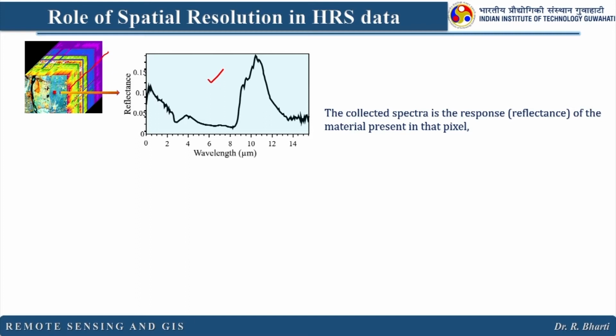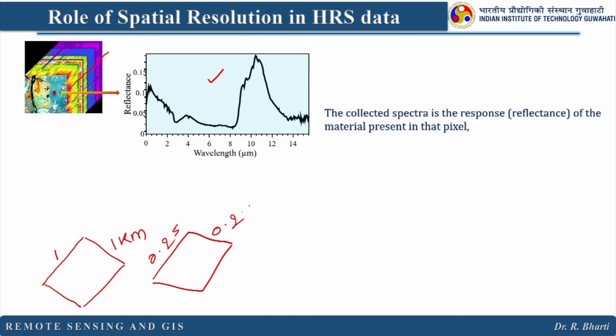So, if you remember, if this is one pixel from X satellite and its resolution is 1 kilometer by 1 kilometer, from another satellite you have a pixel which may be 0.25 by 0.25 centimeter, then what exactly does it say?